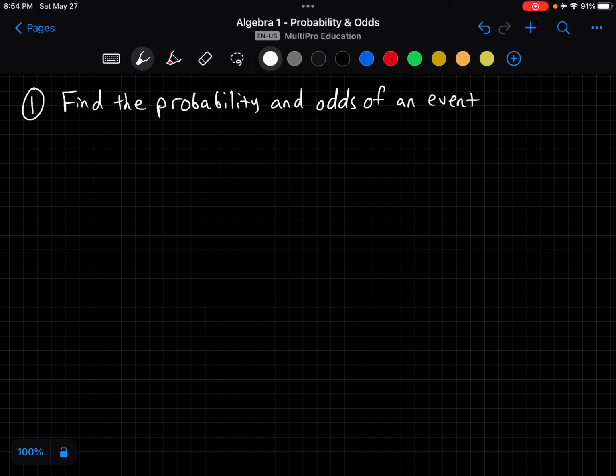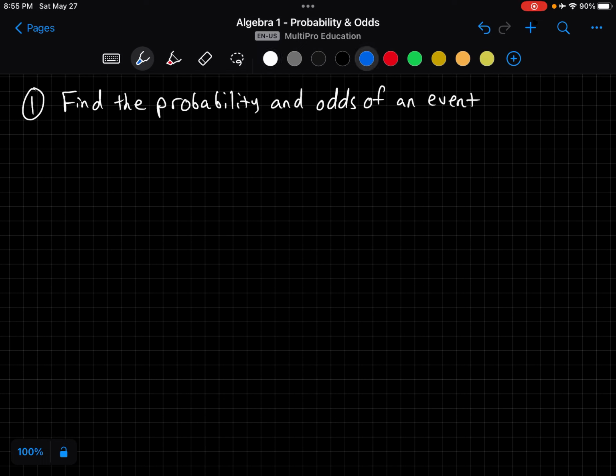But today we have one and only one goal, and that is to find the probability and odds of an event. So today we're going to talk about some definitions and show you some examples and solve some problems. And we will just go ahead and dive right on into this topic.